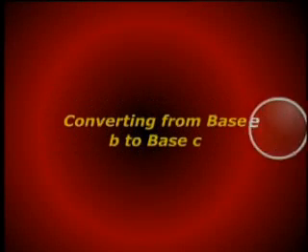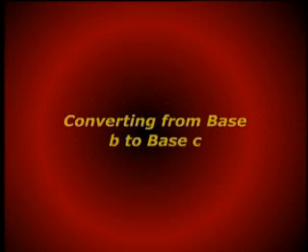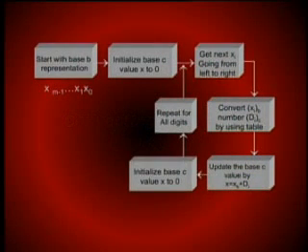The conversion between different number systems can be implemented in software or hardware. The block diagram shown in this slide illustrates the algorithm, which could be implemented either using hardware or through software.